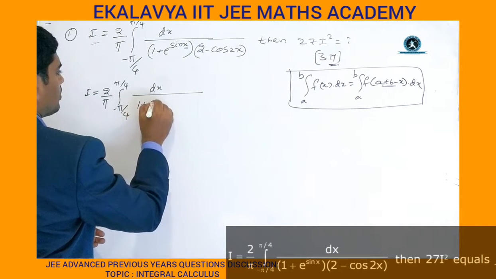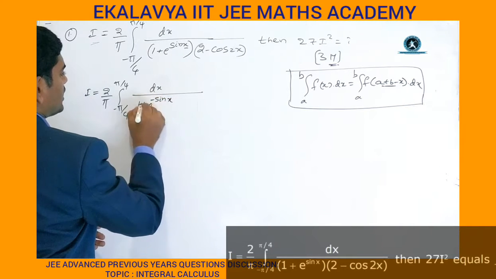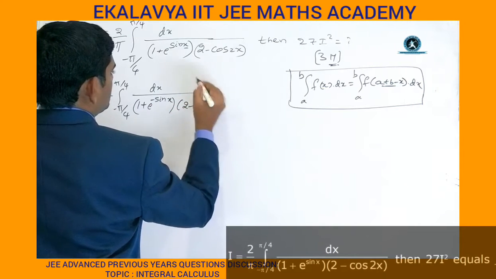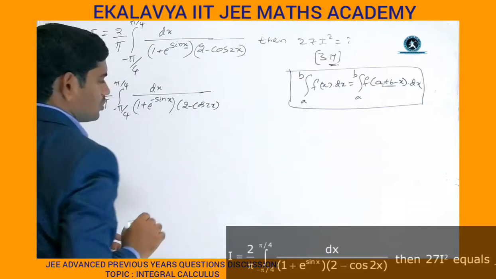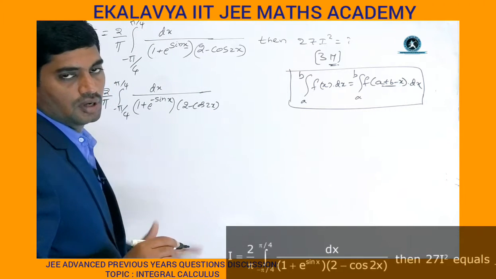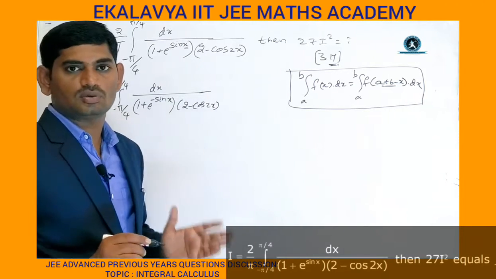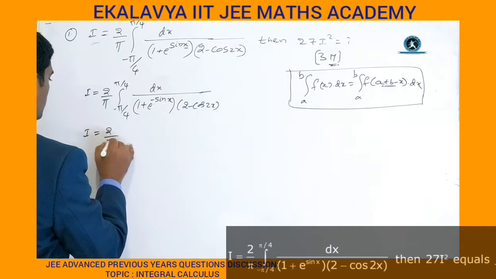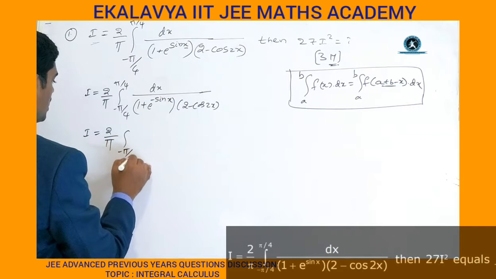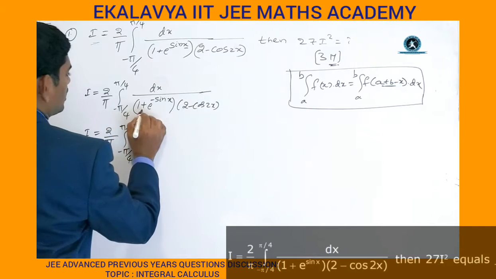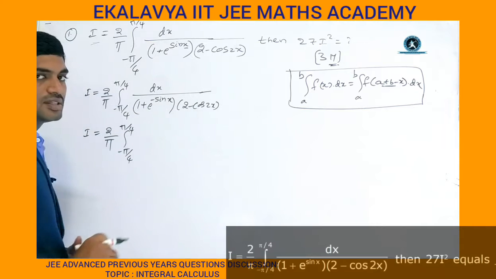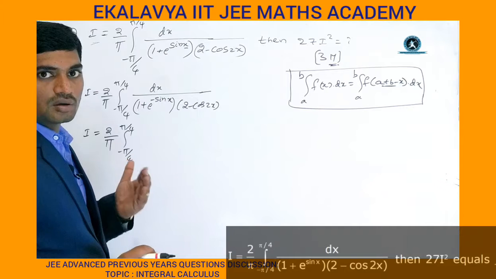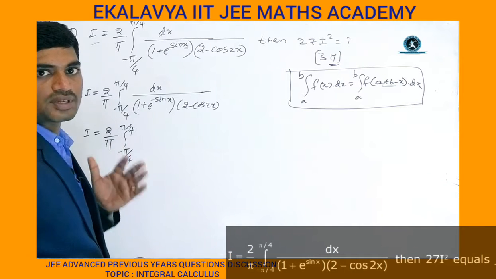So we get 1 plus e power minus sin x, into 2 minus cos 2x. Here we get cos 2x only. Why? Because cos is an even function, so cos of minus x is equal to cos x. So now I is equal to 2 upon pi, integration of minus pi by 4 to pi by 4, and in the denominator we have 1 plus e power minus sin x.